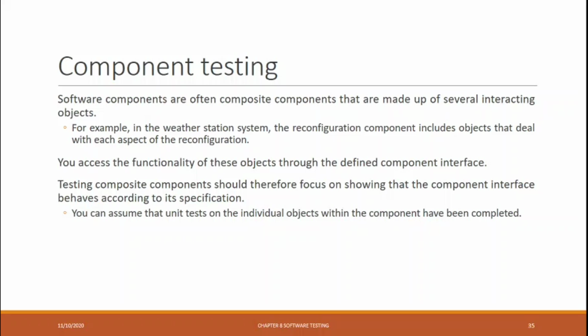Testing composite components should therefore focus on showing that the component interface behaves according to its specification. So you have a number of composite components to test, and you have interfaces to access the objects from one component to another. So you should test the components along with the objects.